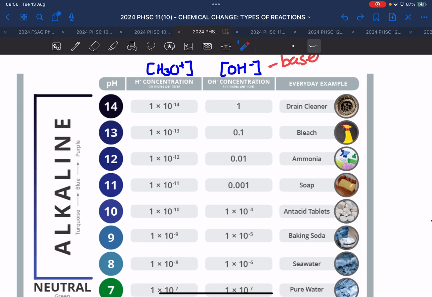Isn't it the OH concentration changes with the acids and the bases?